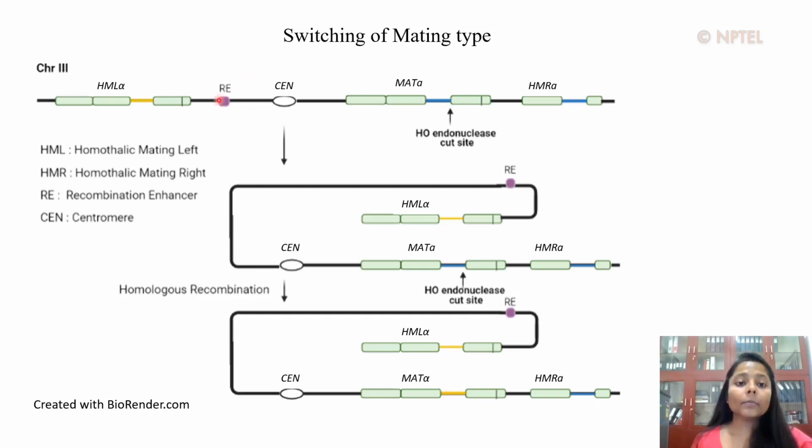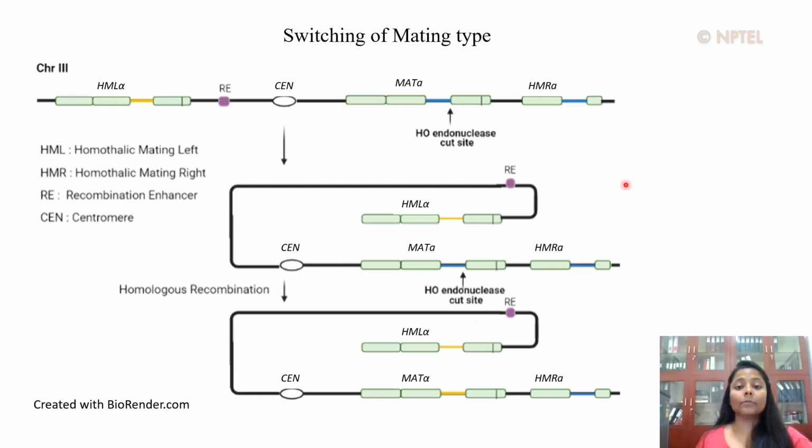The purple box here is referred to as the recombination enhancer. This is a DNA sequence which also regulates the homologous recombination. So initially we had an A type of cell, and now it has switched its mating type to the alpha type.